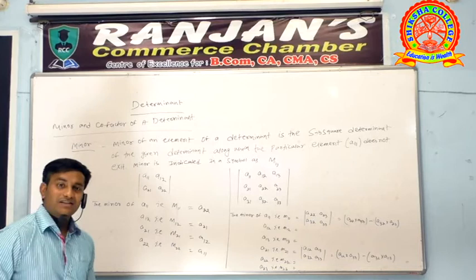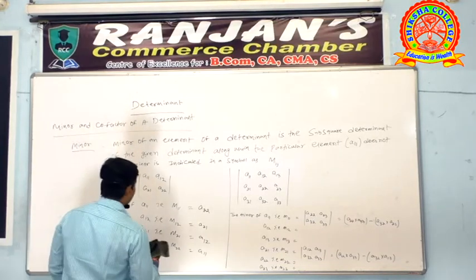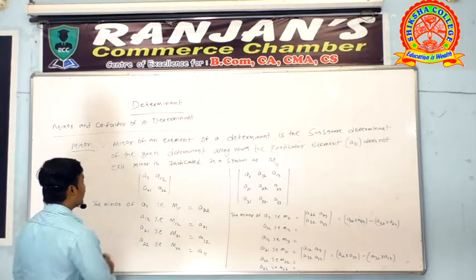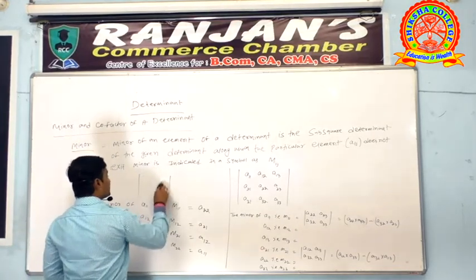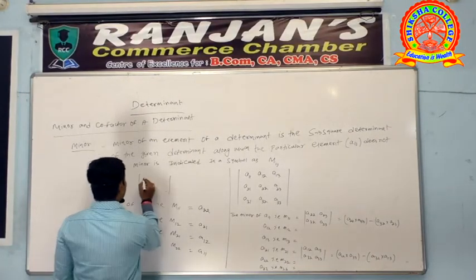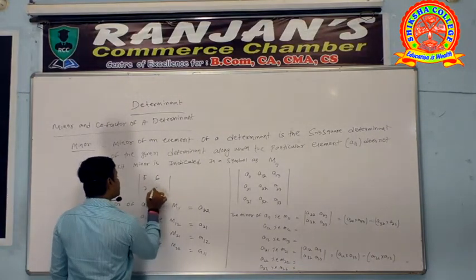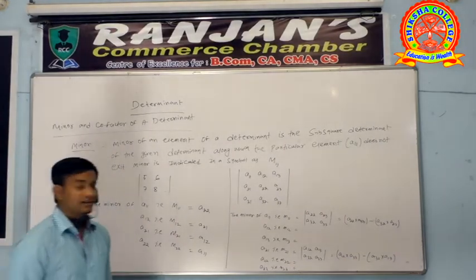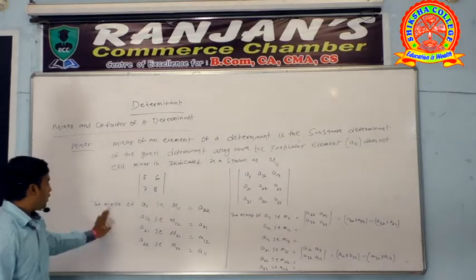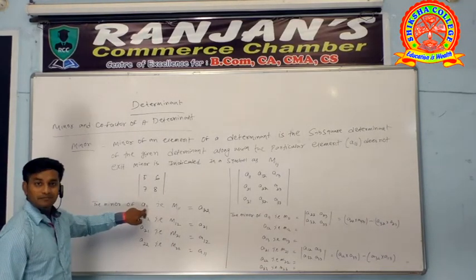Now here we consider values. For you, I am considering a value in the same example. Instead of these symbols, I use some figures. Let's first take 5, 6, 7, 8. Clear? And here we are asked to find the minor of A11.